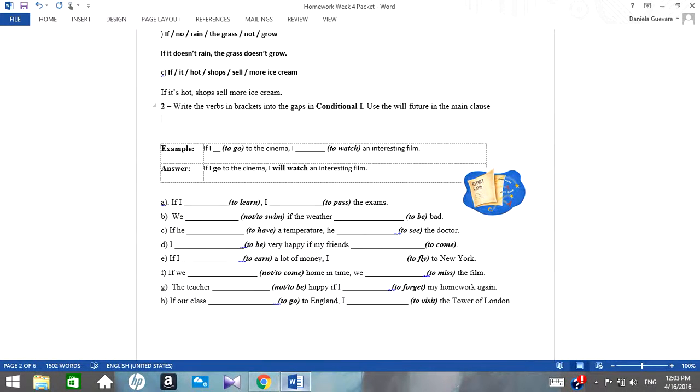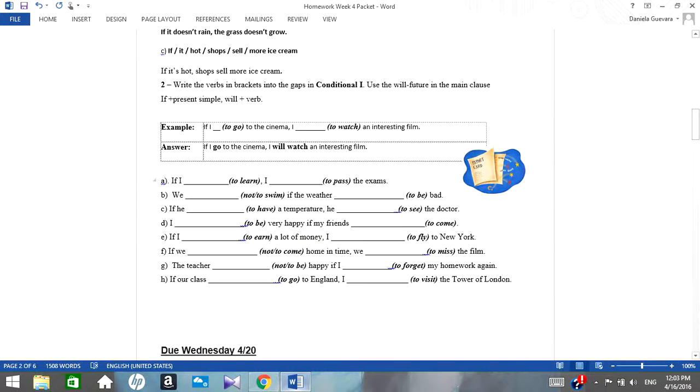So remember, what's the first conditional? If plus present simple, and then the second clause will have usually will and another verb. Right? They give you an example here. If I go to the cinema, I will watch an interesting film.